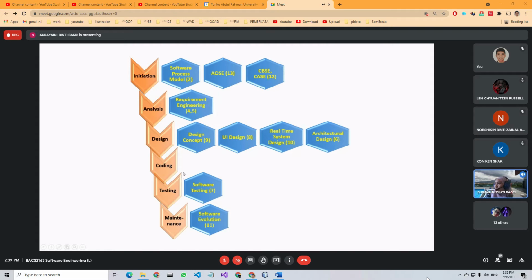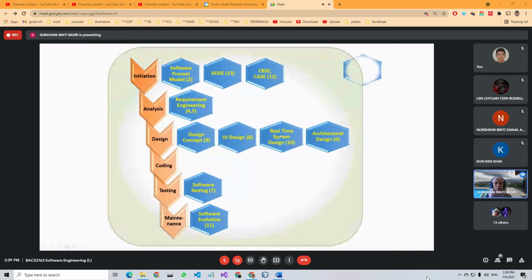So now we proceed. Where we are now is here, design concept. This one we already have the lecture, and real time will be next week. Okay, so I hope we are all clear. There is one more topic that we learned about how to manage the software development.